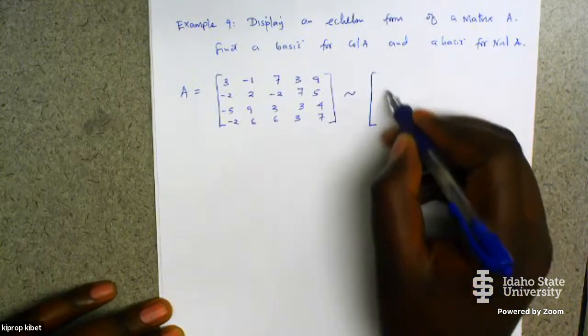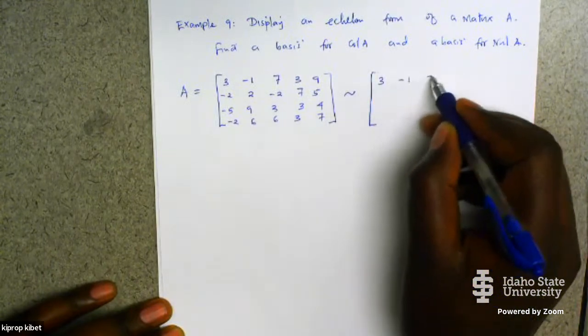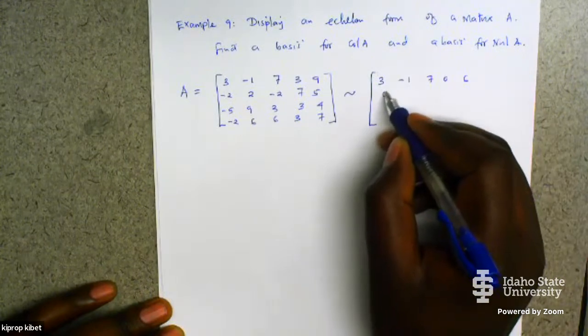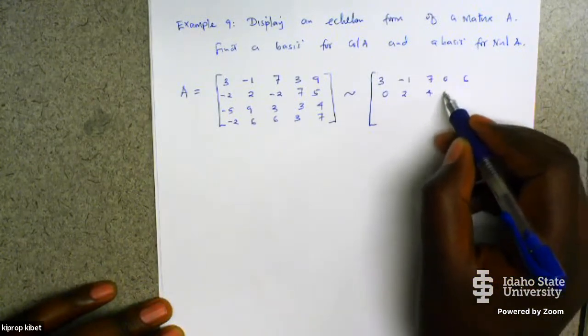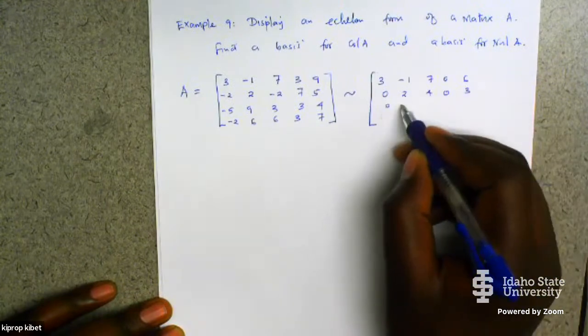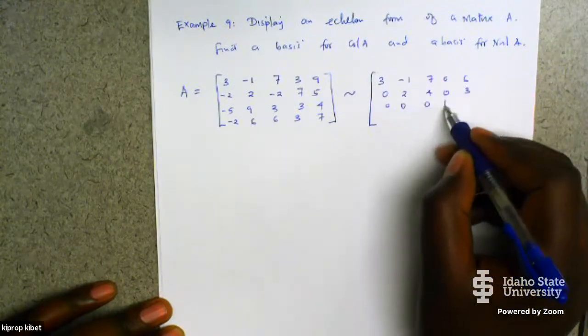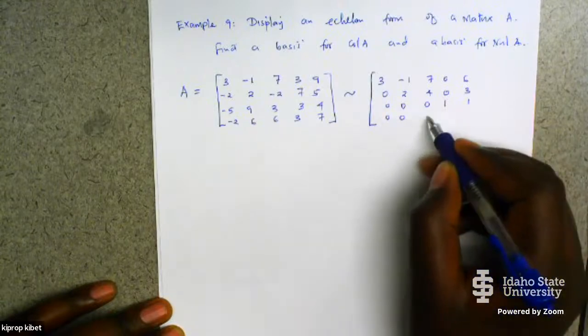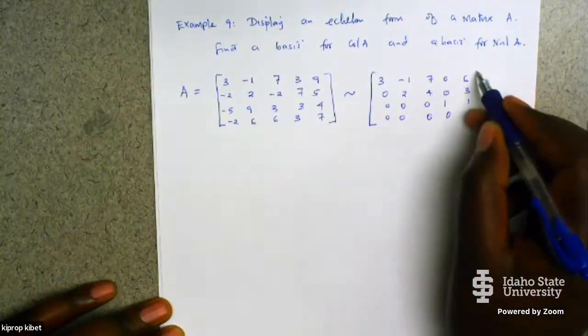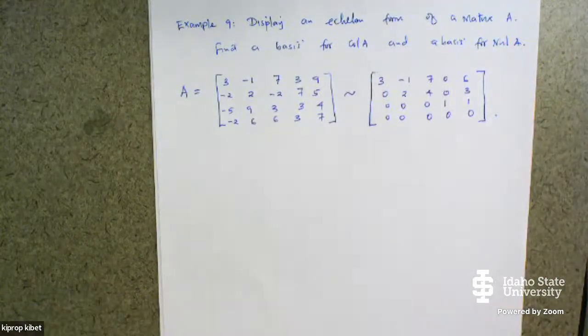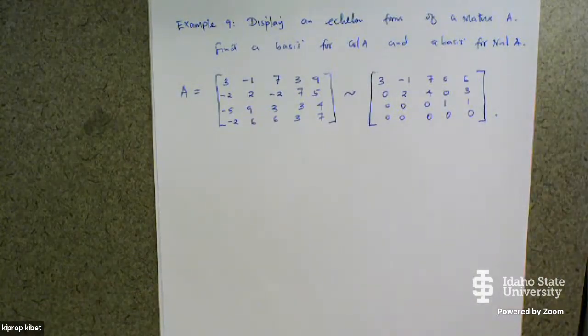When you reduce this to echelon form, we get 3, -1, 7, 0, 6; 0, 2, 4, 0, 3; 0, 0, 0, 1, 1; 0, 0, 0, 0, 0. So these are as we produce the echelon form.